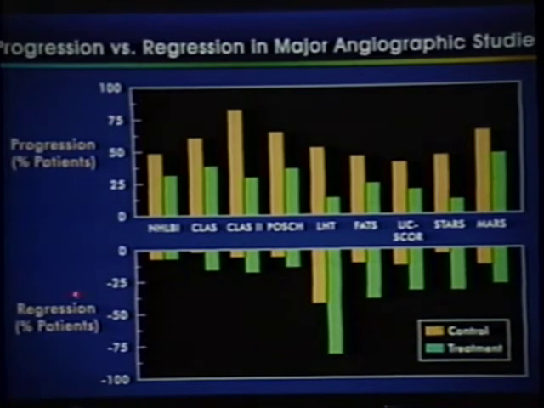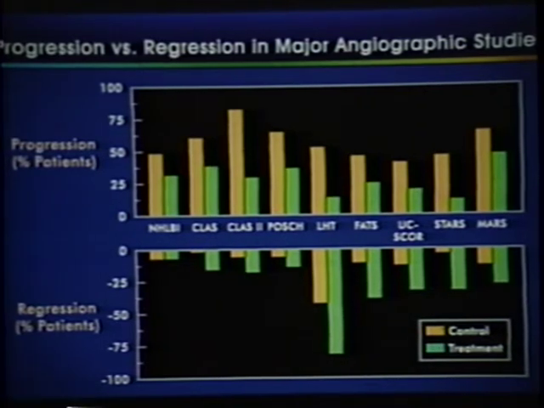These are angiographic results. Regression means the plaques have shrunk. The treatment group is in green, the control group is in orange. And what does every one of these studies except the first one show? The group of people who've had heart attacks and other events, when their cholesterol levels are lowered, the plaques shrink compared to the control group.